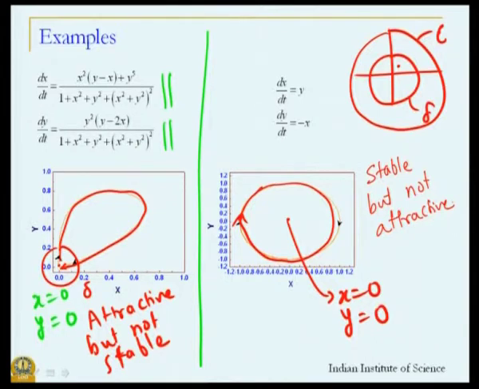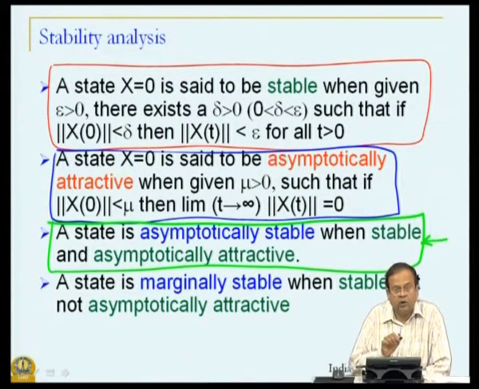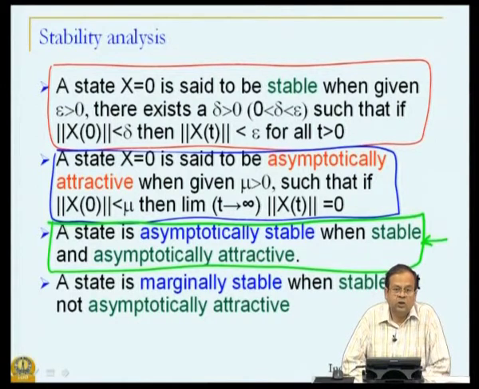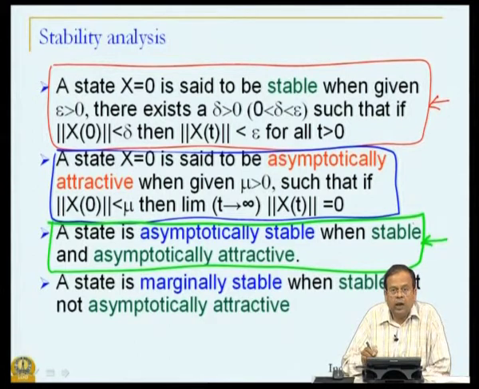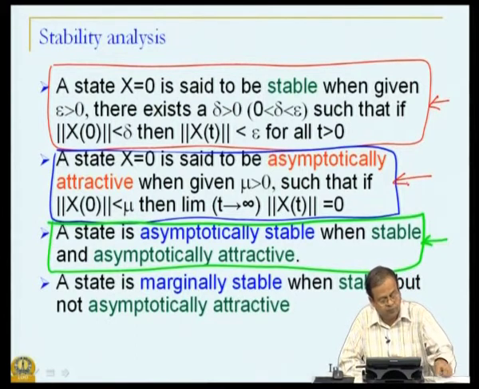and hence to have an asymptotically stable solution, we need the state to be both stable and asymptotically attractive. So, we call a steady state asymptotically stable only when it is stable according to this definition, and it is asymptotically attractive according to this definition.